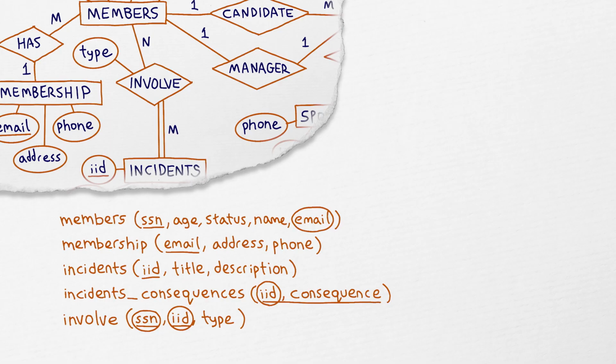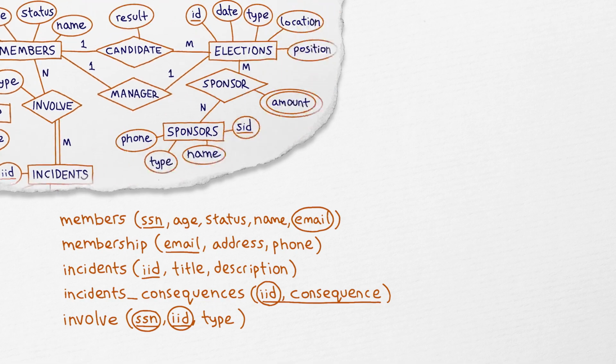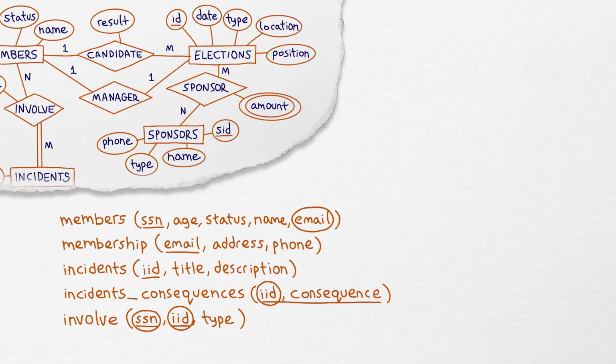Okay, so now, going to the last part of the diagram, which involves elections, sponsors, and three more relationships. When we studied candidate, we said the candidate relationship is one-to-many and is passing a foreign key from members to elections. And manager will also pass a foreign key.